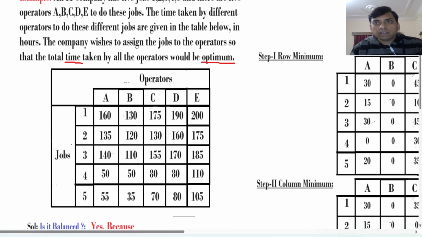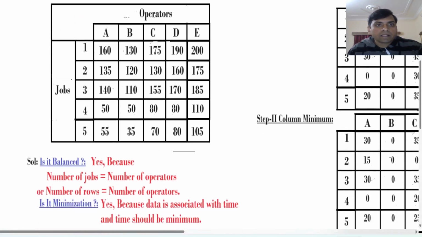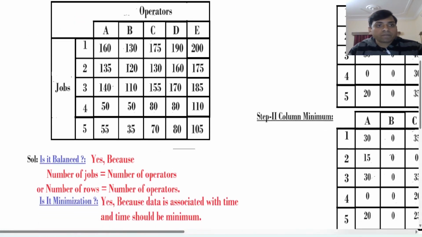Now in this case, first we will see, as in the previous question, whether it is a balanced problem or not. In this problem there are 5 jobs and 5 operators. This means the number of jobs equals the number of operators, or we can say the number of rows equals the number of columns.